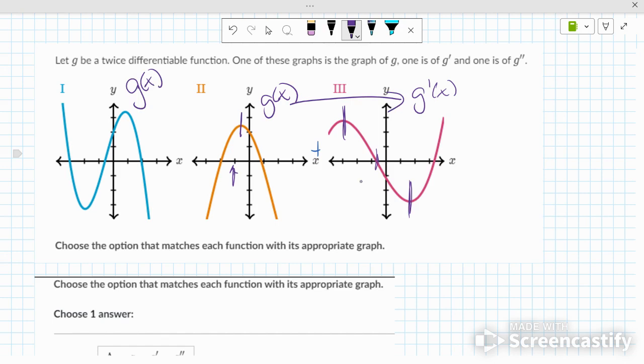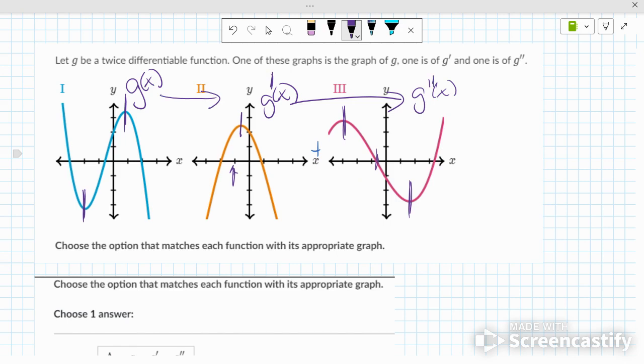If this is g of x, it's decreasing, so it should be negative until there, positive until there. Is it negative until 2, positive until 1? This one? Yep. So this would be the first derivative of that. And we know this one led to this one, so this is a second derivative.